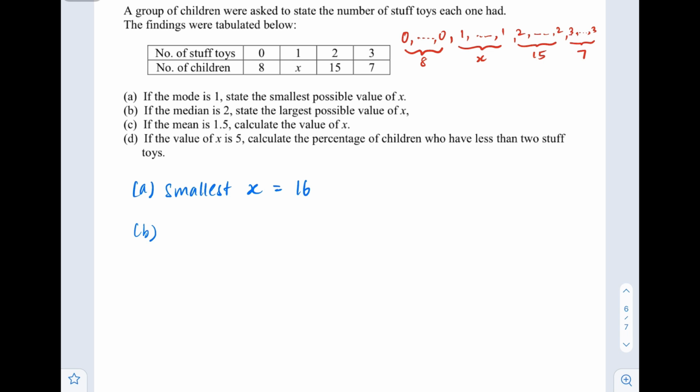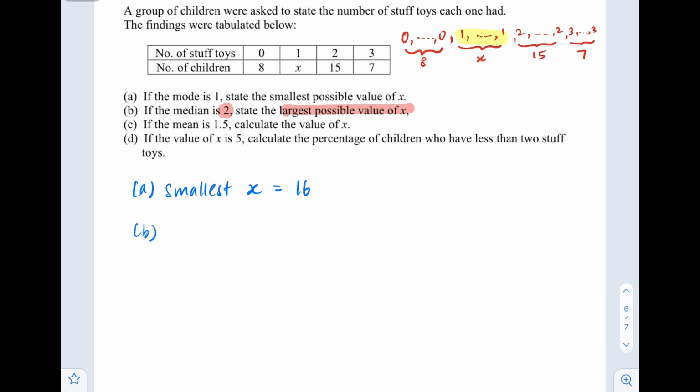If the median is 2 and I want to find the largest possible value of X, what this simply means is that I need to have as many ones as possible because X is the number of ones.